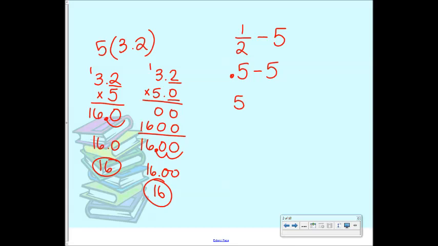Because the decimals in addition and subtraction, what do they have to do? They have to line up. So in addition and subtraction, they have to line up, which means if I'm going to subtract this, I need to basically turn this into 5.0. So 5.0 minus 0.5, which is ultimately going to give me what? 4.5, because I just bring my decimal straight down.